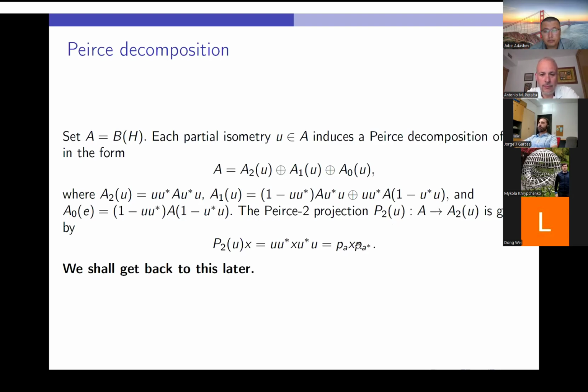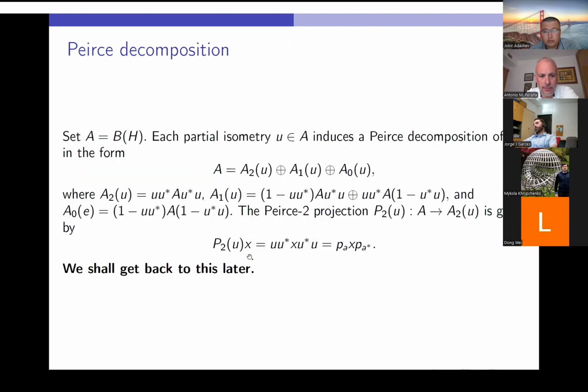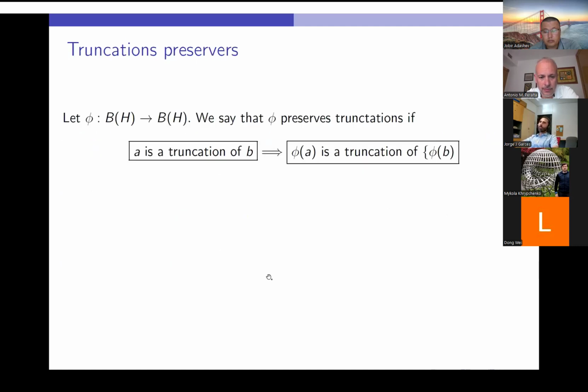So what this means is that, if we come back to the definition of truncation, an operator A being a truncation can be reformulated in terms of this Pierce2 projection, but we shall get back to this later. Okay.